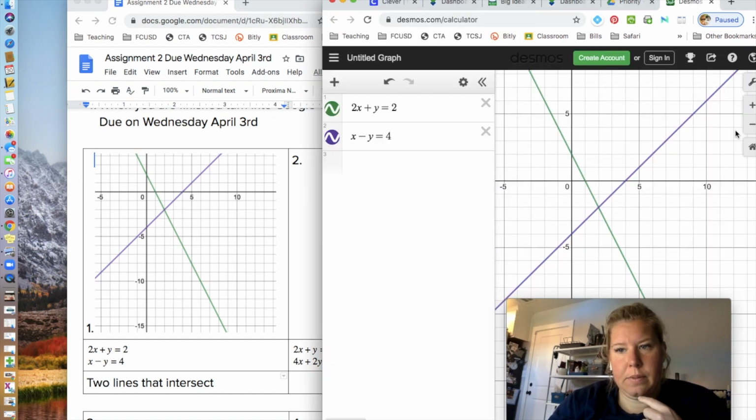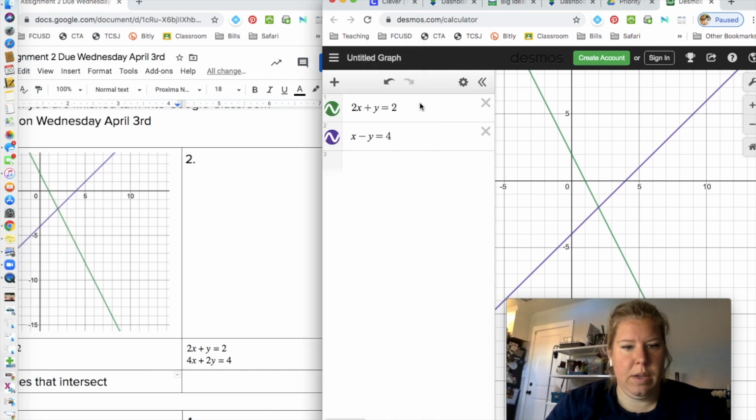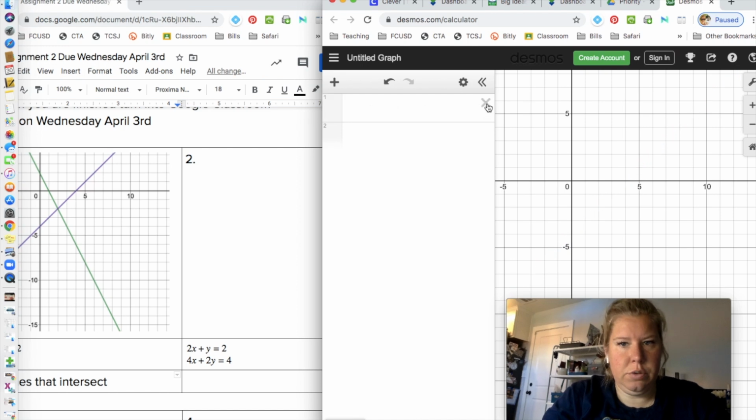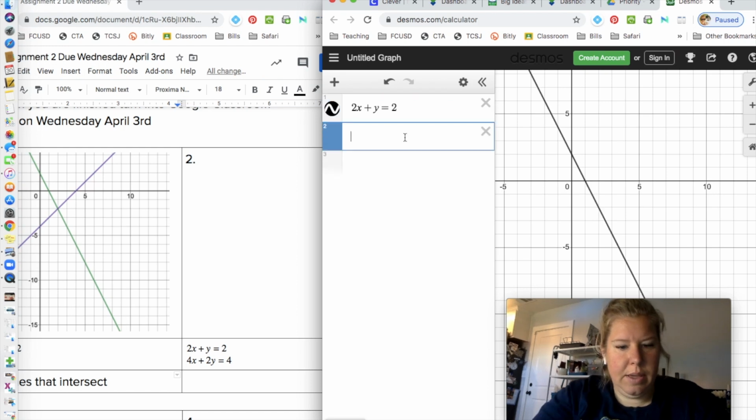Okay, my next two lines, we have 2x plus y. I think that's actually the same line. Should have deleted it. And then we have 4x plus 2y equals 4.